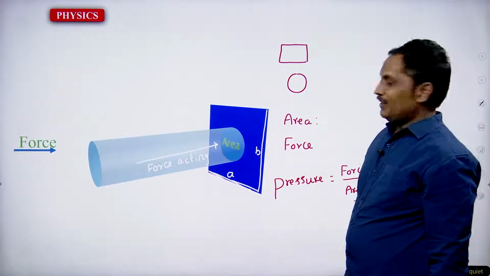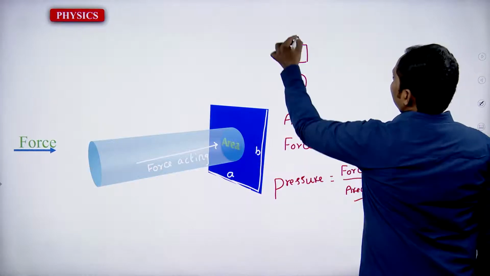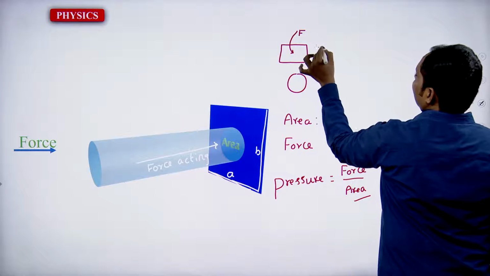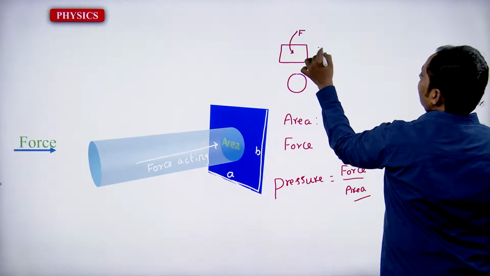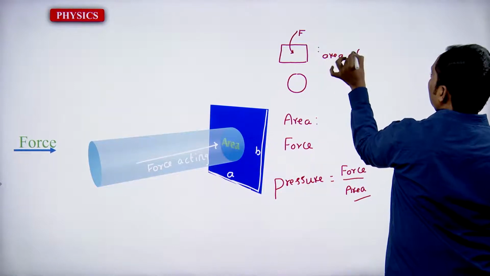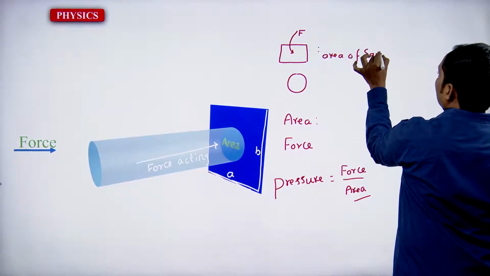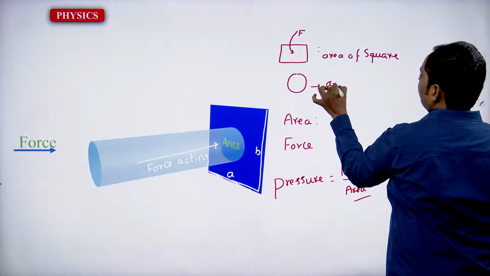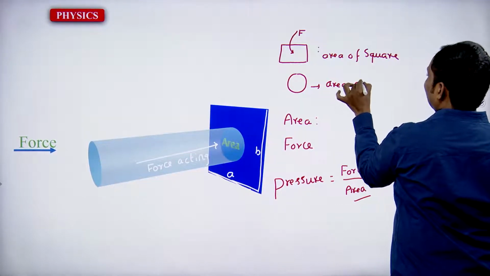If F is acting on this area, you will take the area of a square or the area of a circle.